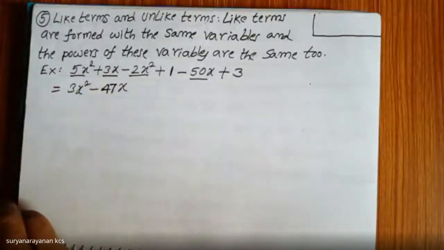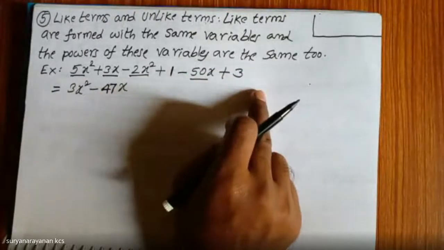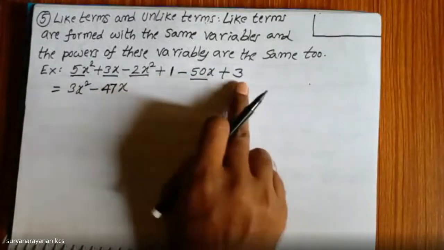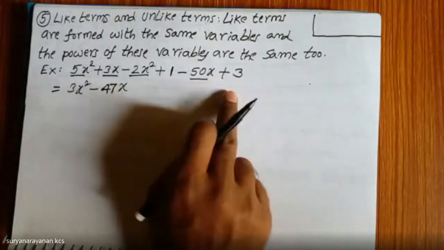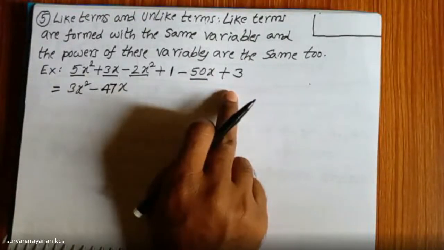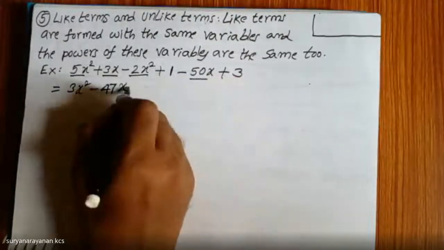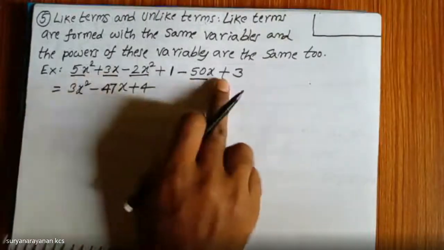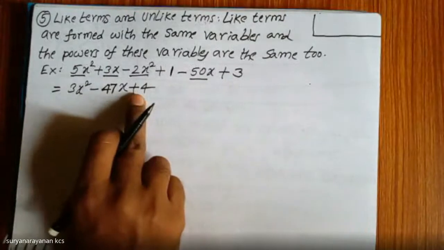And what are the terms left here? Constants. Here plus 1, here plus 3. Write these two terms in your mind, side by side. Then what will you get? 1 plus 3? Sir, plus 4. So after simplifying the like terms, finally we get this algebraic expression.